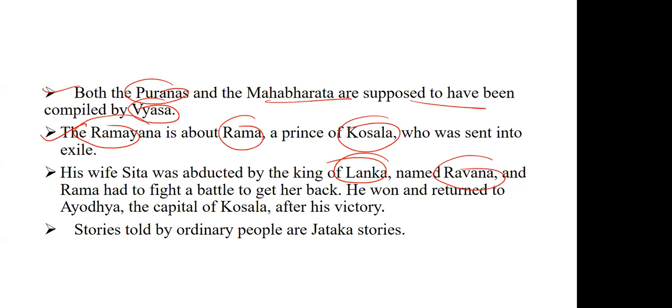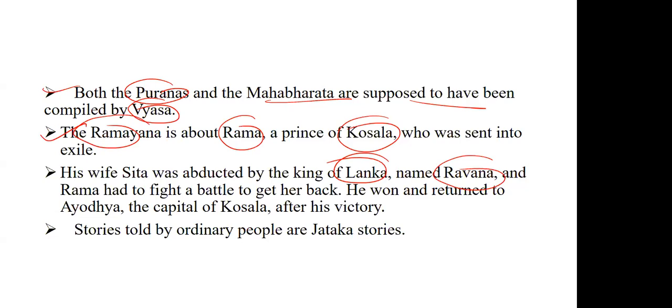So all such stories are related to some of the happenings which were there in the Ramayana and the Mahabharata. Now there were other stories also which were called Jataka stories. Now these Jataka stories are told by ordinary people, right?